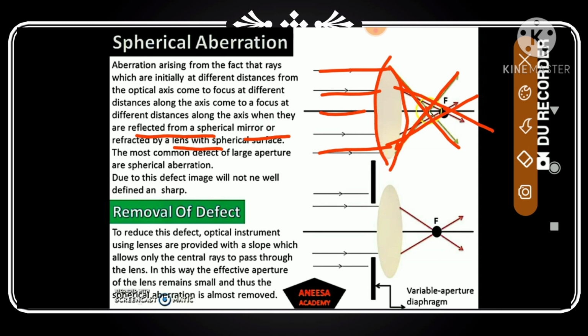What is the difference between chromatic aberration and spherical aberration? In chromatic aberration, due to the colors, we get a spectrum image which is not well defined. But in spherical aberration, the lens has spherical surfaces. If the lens aperture is large, then the peripheral rays make large angles and focus at another point, and the inside rays passing through the lens focus at a different focus point.